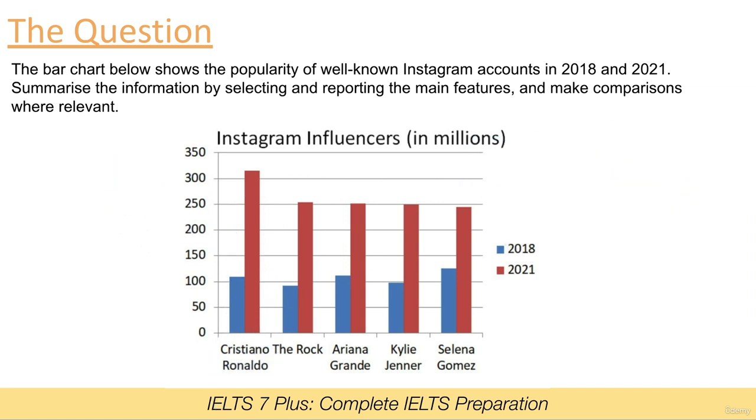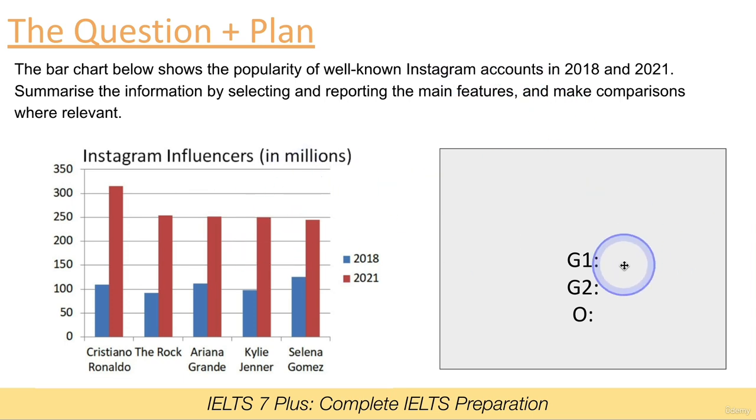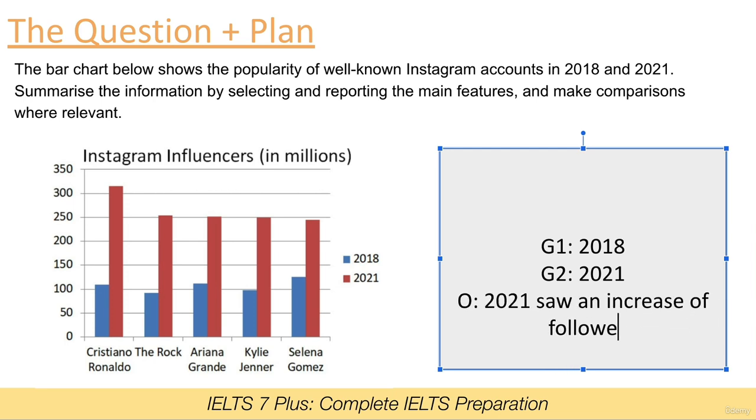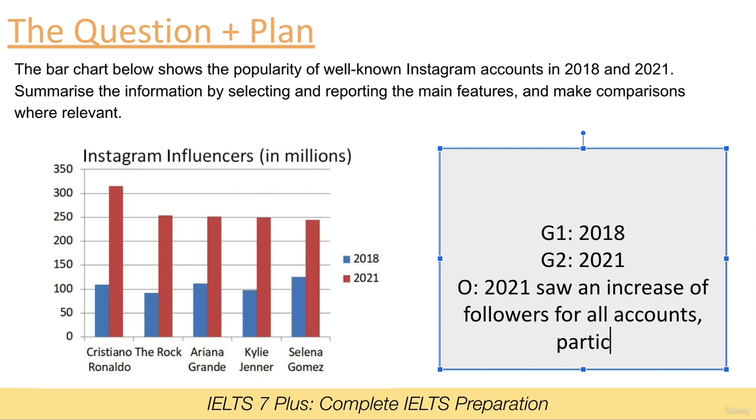Okay, so now let's think about our groups, and quite simply I'm going to just make this as straightforward as possible for myself. Let's just do the 2 years and we'll compare and contrast between them. So 2018 and 2021. 2021 saw an increase of followers for all accounts, particularly Cristiano Ronaldo.